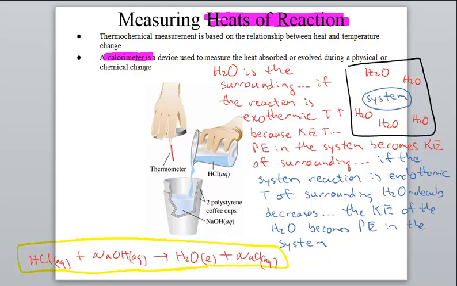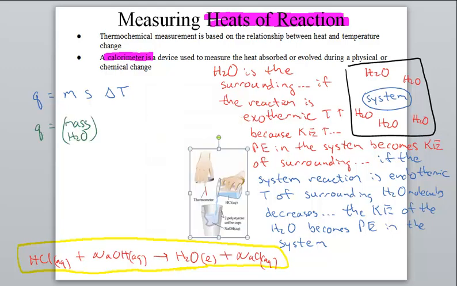But we do have our equation with Q. Q is the heat that flows into or out of a system. That's the energy change that's going into and out of a system. If you wanted to measure how much is going in or out of the water, you need to know a few things. You need to know how much mass of water is in your container that's surrounding your system.